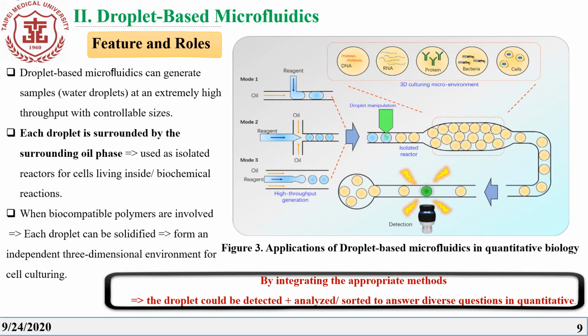Each droplet is surrounded by the oil phase and is used as an isolated reactor for a cell living inside. After that, when biocompatible polymers are involved, the droplets can be solidified and form three-dimensional environments for cell culturing.